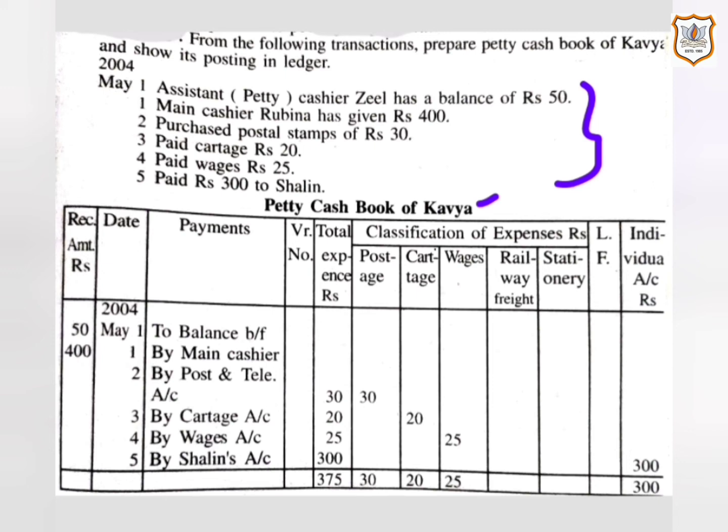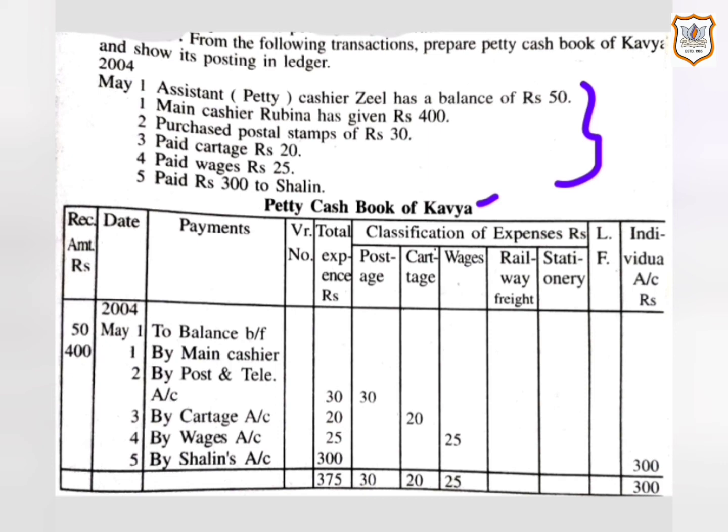So on the basis of petty cash book, we will prepare all accounts for all expenses. Here you can see classification of expenses in this petty cash book. So accounts for all expenses will be prepared, and accordingly posting will be made therein.